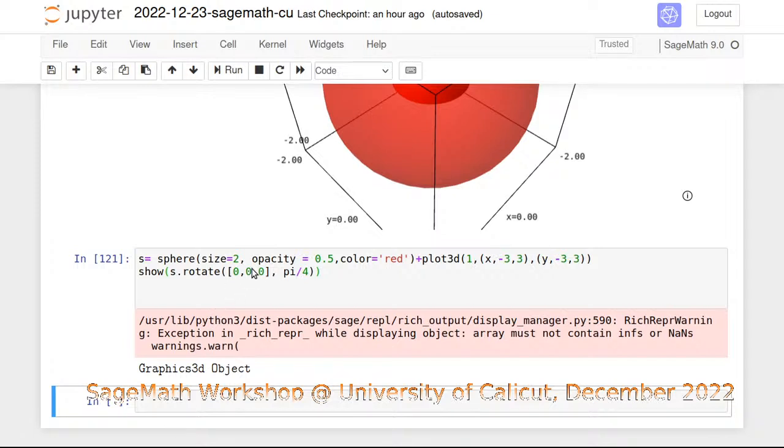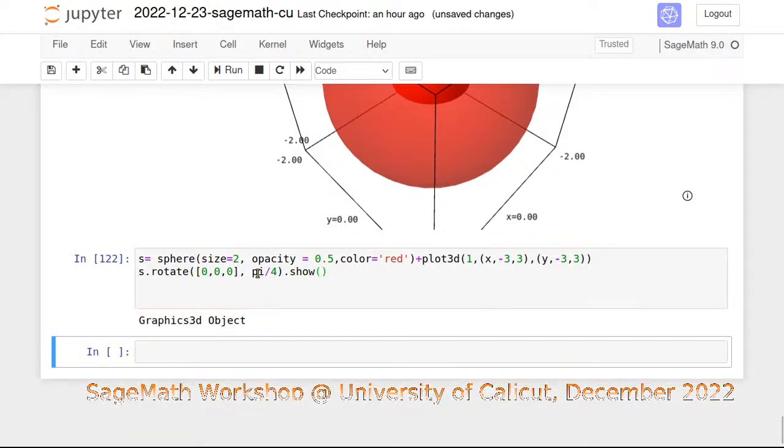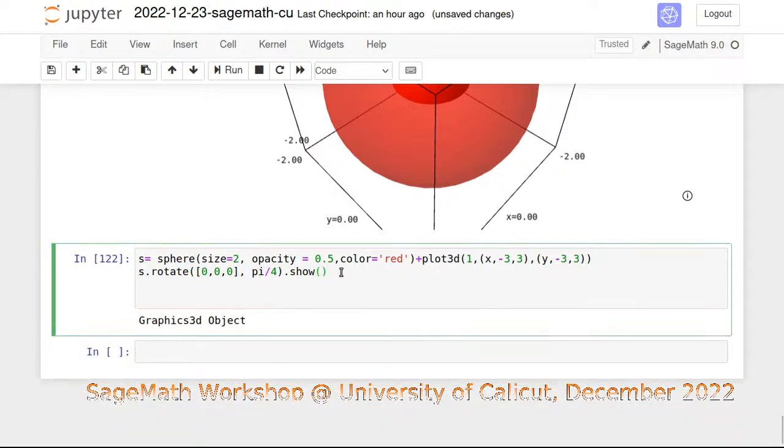So rotate and show, or maybe I can rotate this and show afterwards. That also doesn't seem to actually work. Maybe can I apply it here?